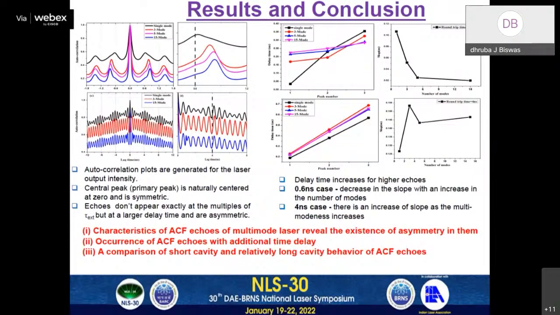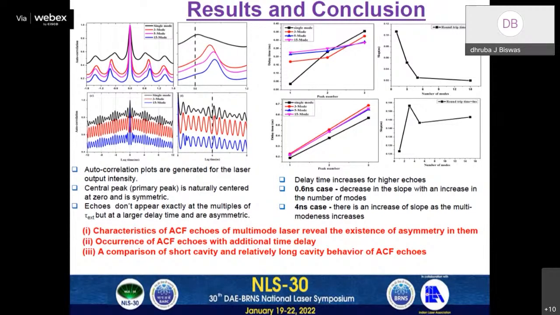So as the result, we got the output intensity, and from that we found the autocorrelation function. These are the plots for the autocorrelation function. We studied the system for two cavity lengths, that is, two external cavity round trip times. The first one is for the 0.6 nanosecond case and the second one is the 4 nanosecond case. The primary peak is centered at 0 and the secondary peaks are called delay echoes: the first is the first delay echo and the second is the second delay echo.